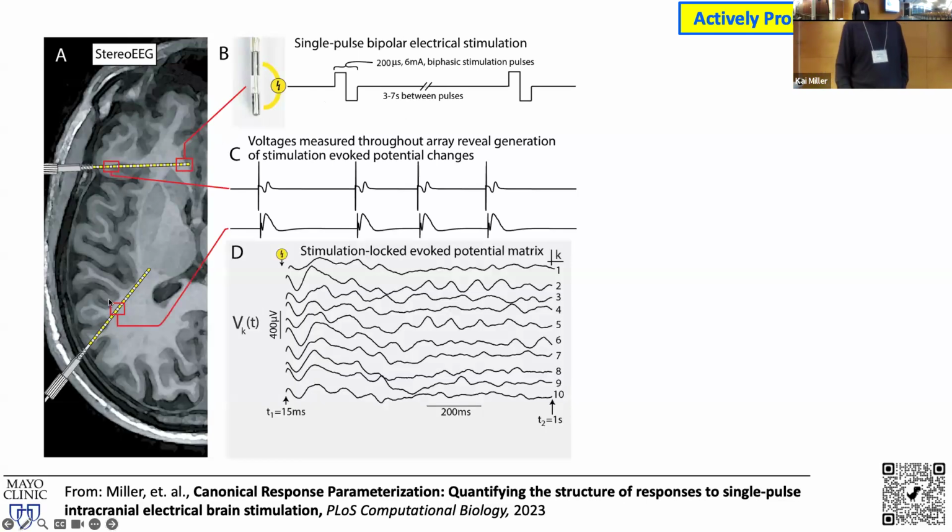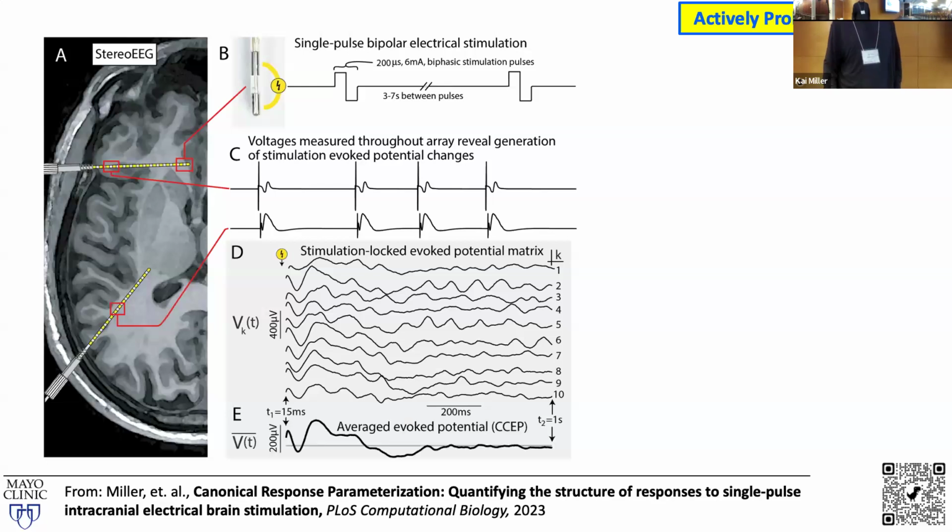But if we look at just one of those, we can overlay some number of trials. We typically pick about 10 to 15 trials. And when we look at the average, people have called that cortico-cortical evoked potentials, or CCEPs. In our case, that's often a misnomer because we're not necessarily stimulating or measuring from cortex. A lot of times it's white matter, thalamus, or basal ganglia.